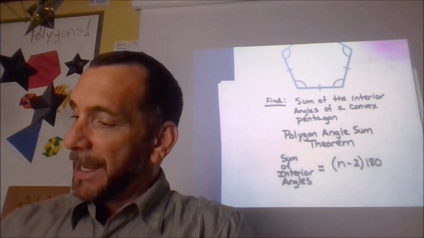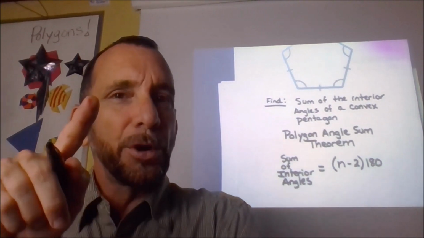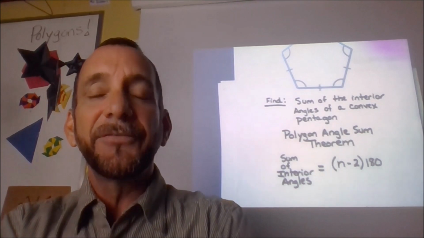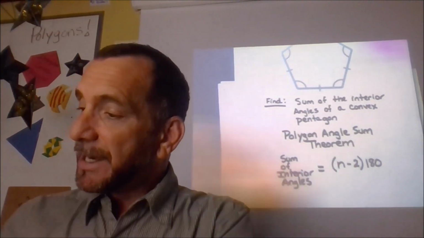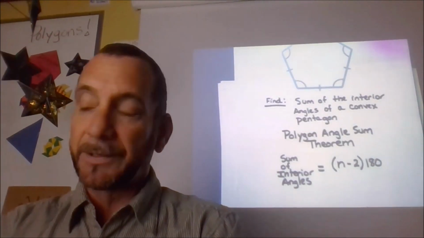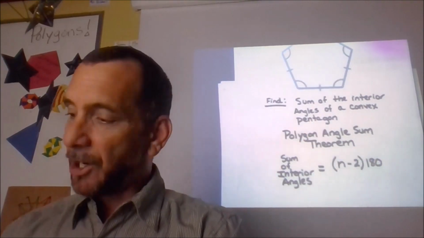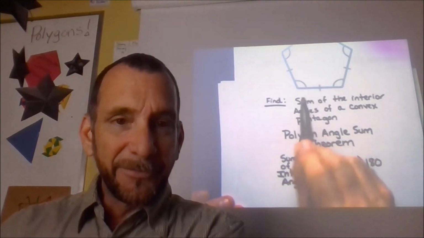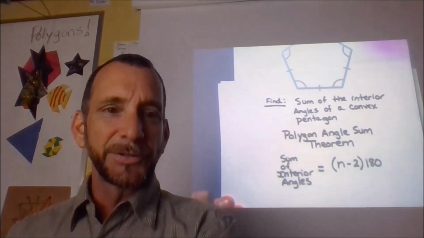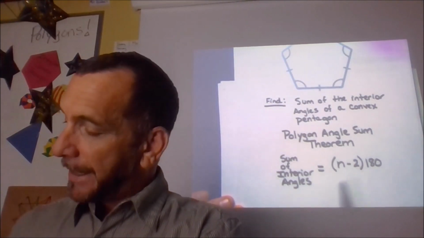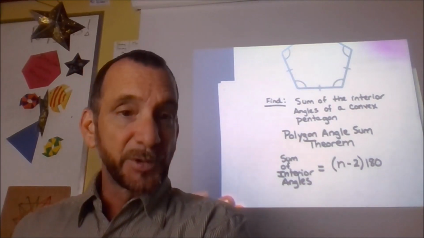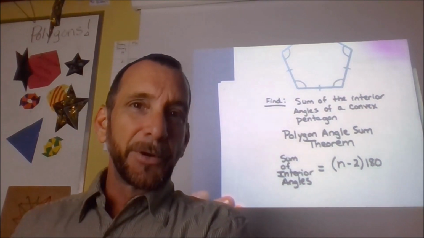Here it is. It's a very simple formula, and it works for any convex polygon. It doesn't have to be a regular polygon, but any pentagon. The sum of the interior angles of a pentagon is n minus 2 times 180. N is the number of sides.